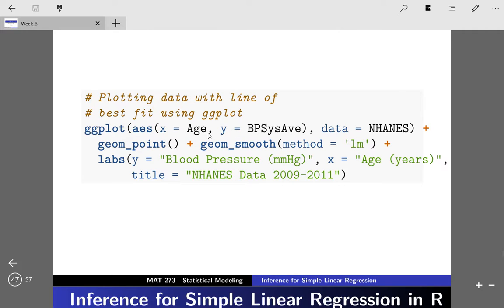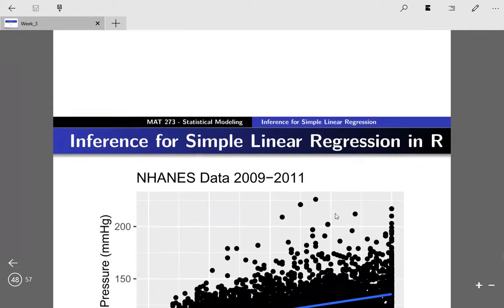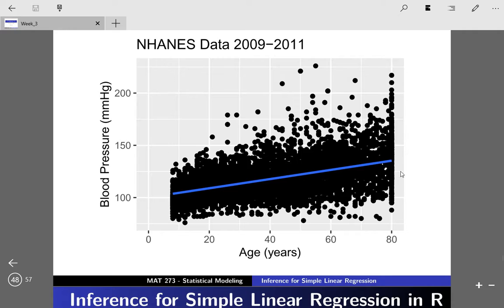Continuing on using ggplot for our scatter plot, I added this geom_smooth code to add the line of best fit for a linear regression. So it adds this blue line on top to visualize this. Here we can see it seems to capture this relationship in the data decently well.